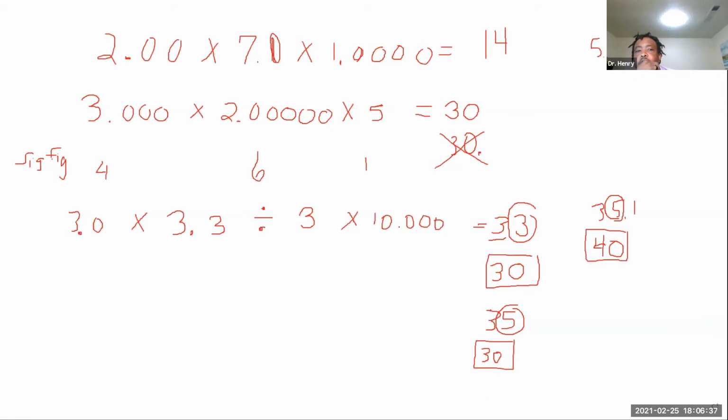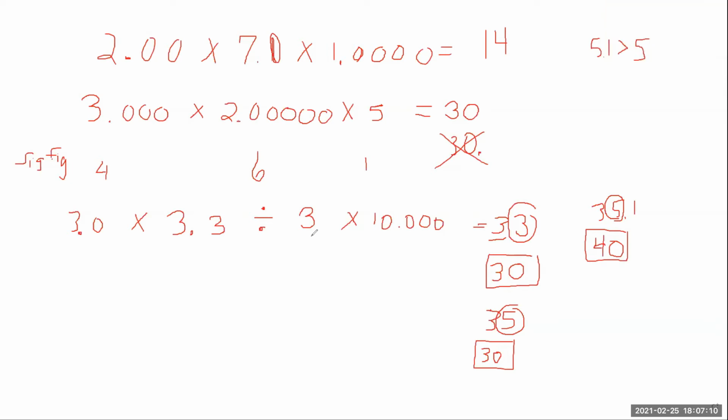How many significant figures am I going to have? 1. Because this is the lowest number of significant figures. With multiplication and division, we always want to find the one that has the lowest number of significant figures. That's what we use to determine our significant figures. So we only want one real number and the rest of it has to be 0.